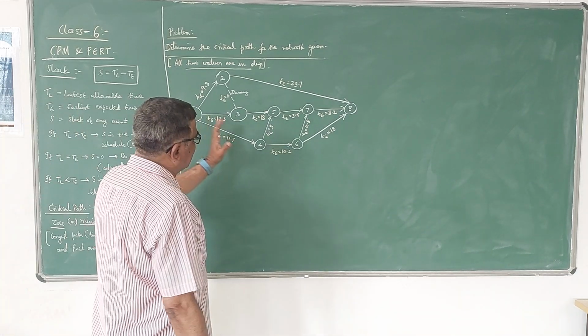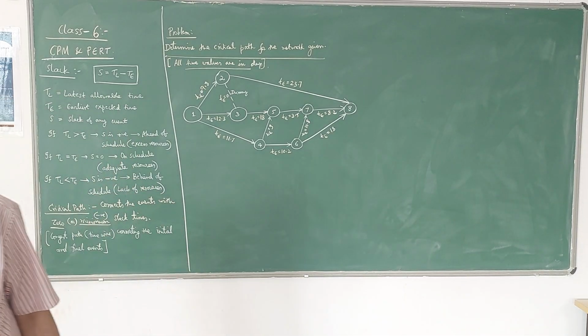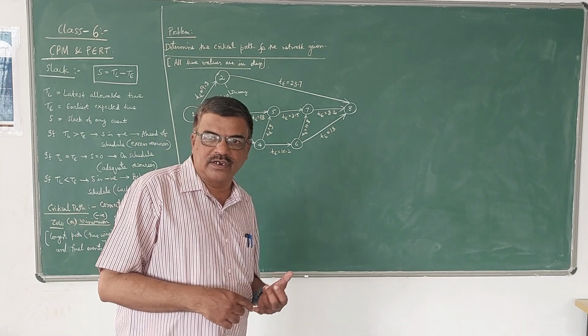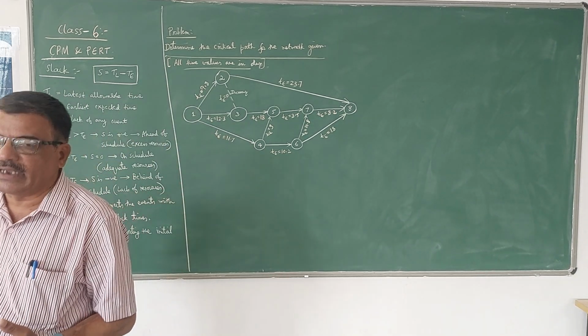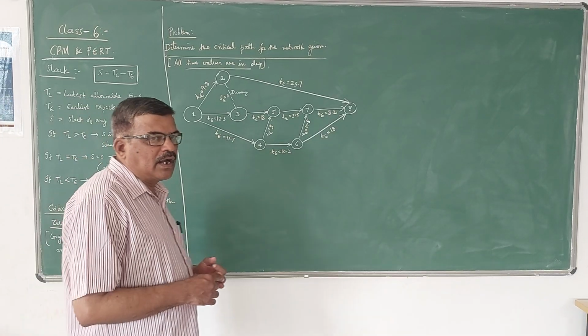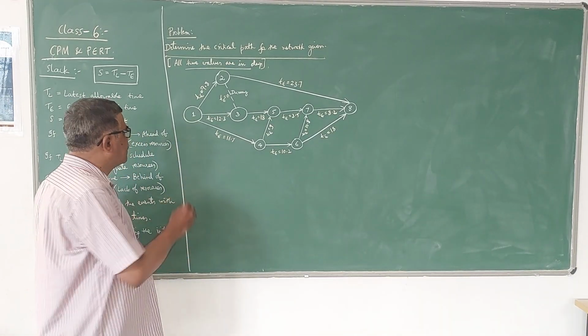For all the time values, they have given in days. Now the TE values are given. Sometimes if they don't give the TE value, if they give TO, that is optimistic time, TL, that is the likely time, and TP, pessimistic time, then you have to calculate TE using this formula.